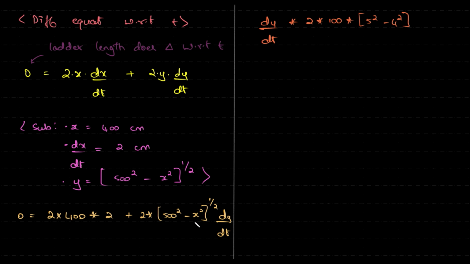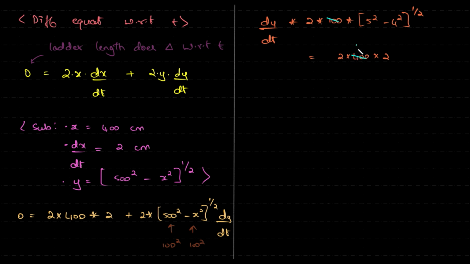There is 100 that is common between these two elements, right? So all in all, we have 100 that is common, and this is equal to 2 into 400 into 2.